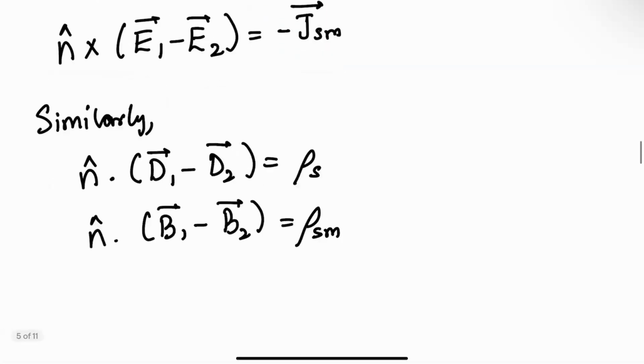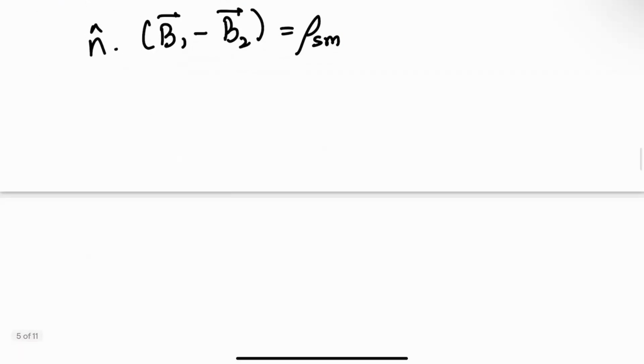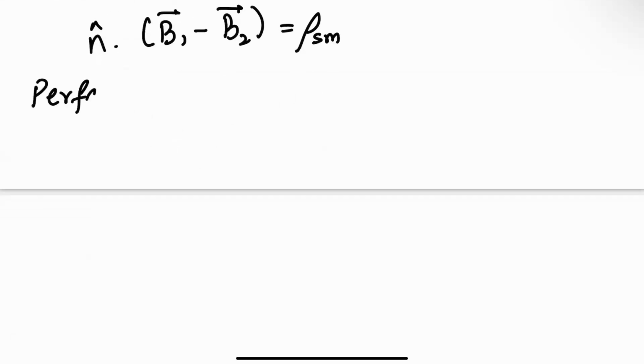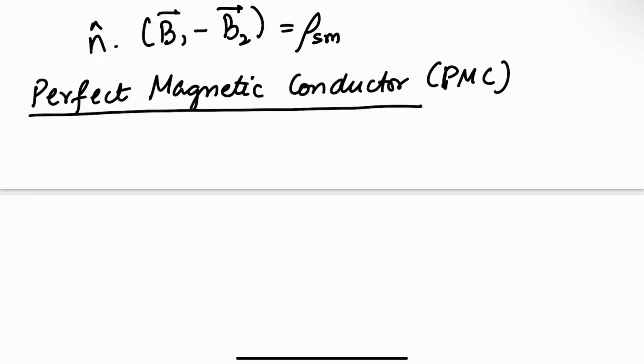Given that we have magnetic currents and charges, we can also define a perfect magnetic conductor, PMC. Similar to how we had J equal to sigma E, I can write Jm equal to sigma m H, where sigma m is the magnetic conductivity.